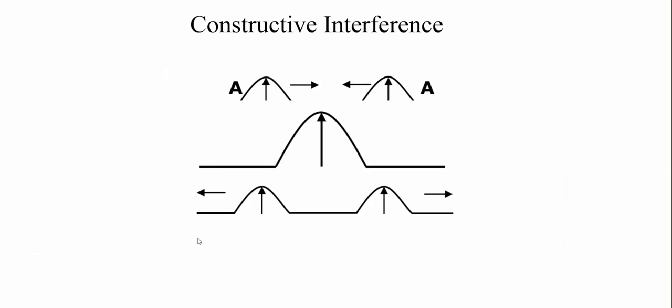Let's take a look at it and break it down one by one. Constructive interference is where the amplitudes are on the same side. So either two positive amplitudes, two crests, or two negative amplitudes, two troughs. As long as they're on the same side, they're going to add together. In this example, I've got a 1 and a 1 creating a 2, or a 2 and a 2 creating a 4. It doesn't really matter. But if you notice down here, in the first scenario these two pulses are approaching each other.